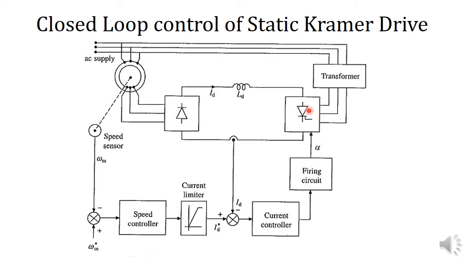When firing angle alpha is controlled, the amount of slip power that is taken from the rotor circuit and fed back to the mains is controlled. The amount of slip power is controlled by controlling the firing angle. When slip power is controlled, the speed of the induction motor is also controlled.